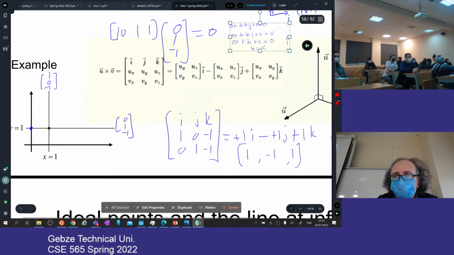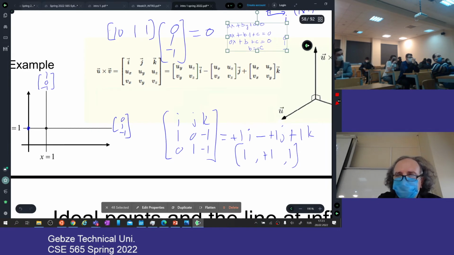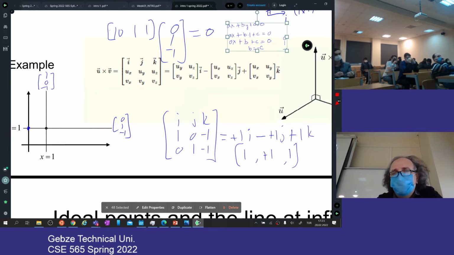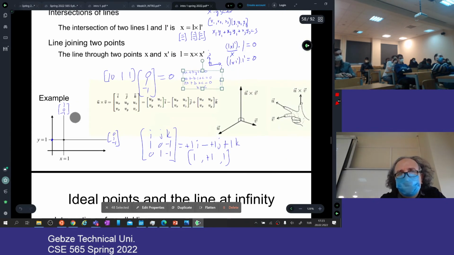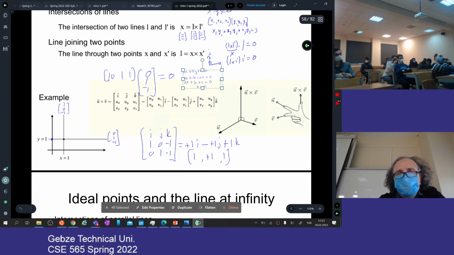Sorry, because this is minus 1, right? Minus 0 plus, there is a minus in there, so it is a plus 1. So it is 1 1 1. It says that if you cross product these two lines, you are going to get 1 1 1 as a point, intersection point.